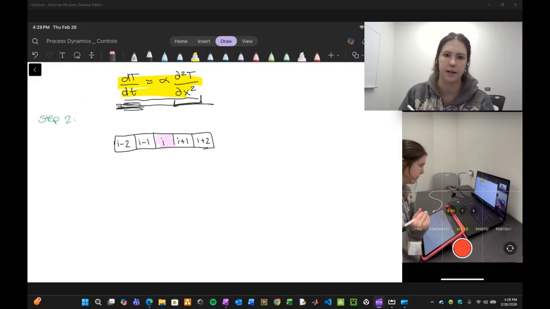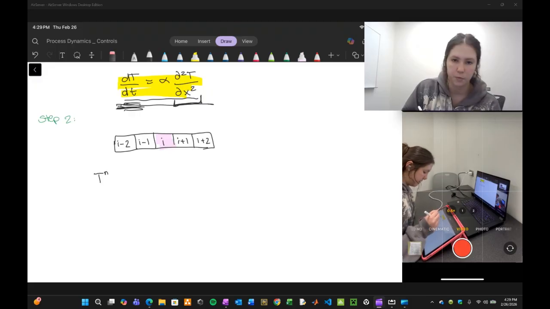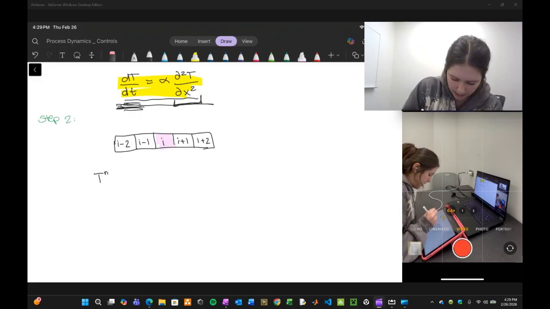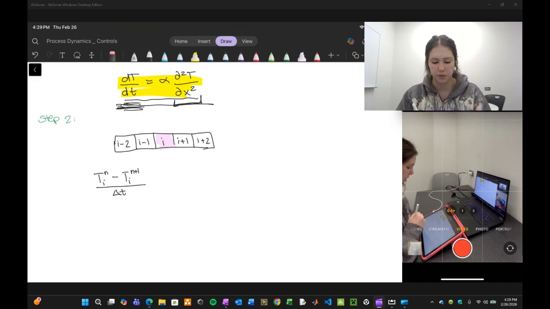So we can redefine that side of the equation as T of n, with n being the time counter at position I, minus T of n plus 1 at position I over the change in temperature. So that represents our change in temperature with respect to time.